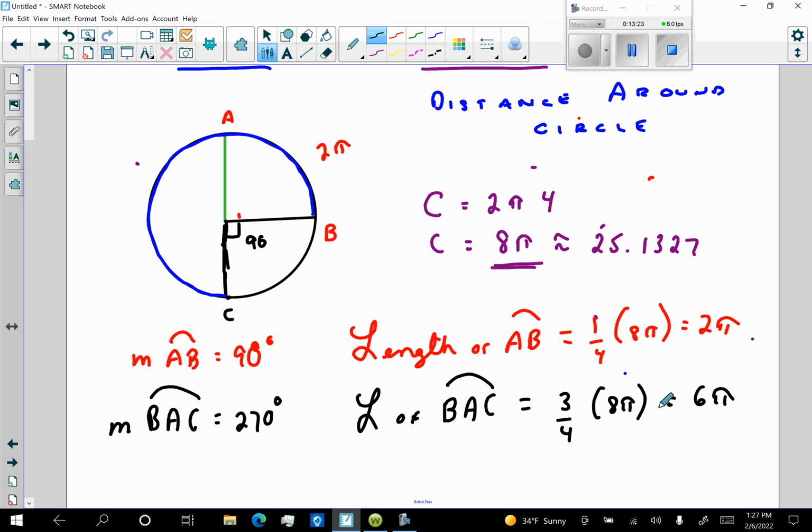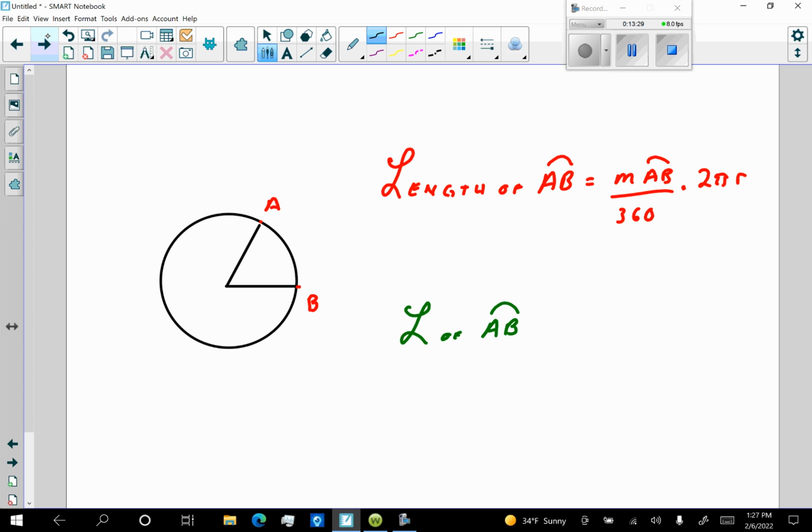Those two examples lead right to the formal formula to find the length of an arc. The length of an arc is the measure of the arc divided by 360 times 2 pi r. So if the measure of that arc, whatever that measure is right here, we'll let that be x.